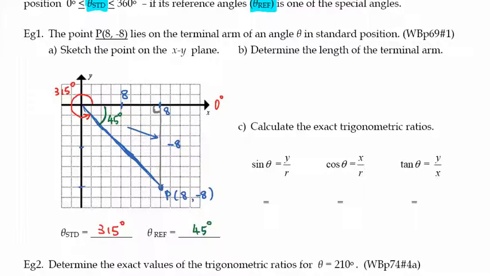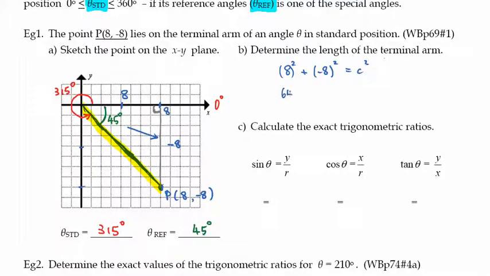So here, the length of the terminal arm, which is the line from here to there, can be calculated using a squared plus b squared equals c squared. And now hopefully you can tell why it doesn't matter to have a negative 8 for the side length.